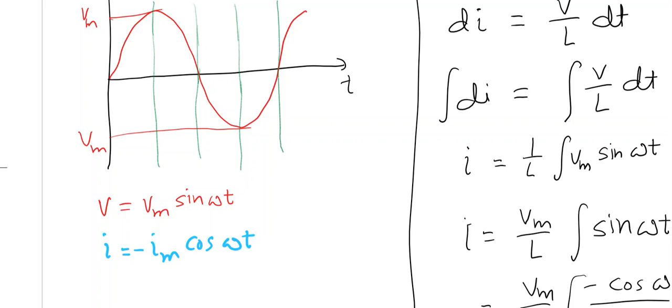So the graph should start with negative maximum, and then it will arrive at zero. When voltage is zero, current reaches maximum. When voltage is maximum, current should be zero, and so on.